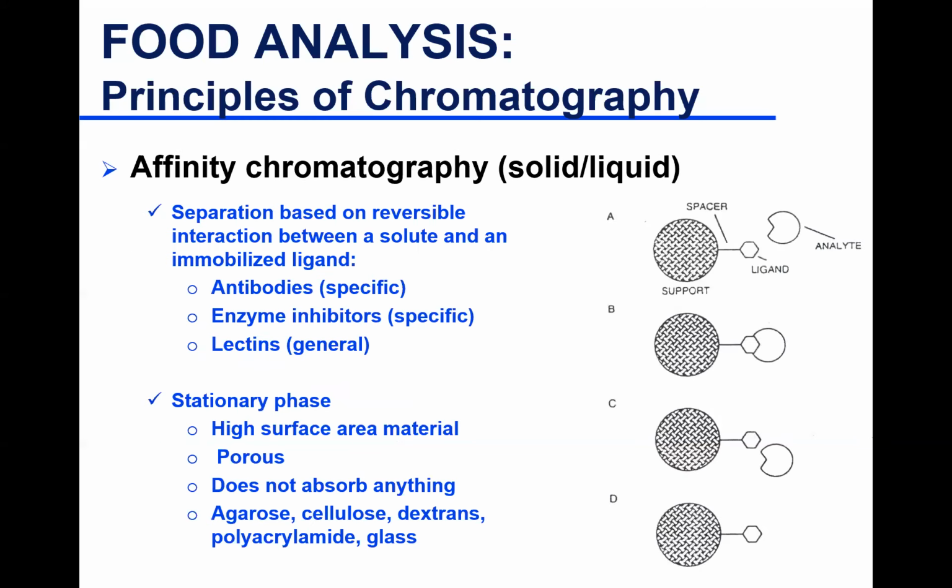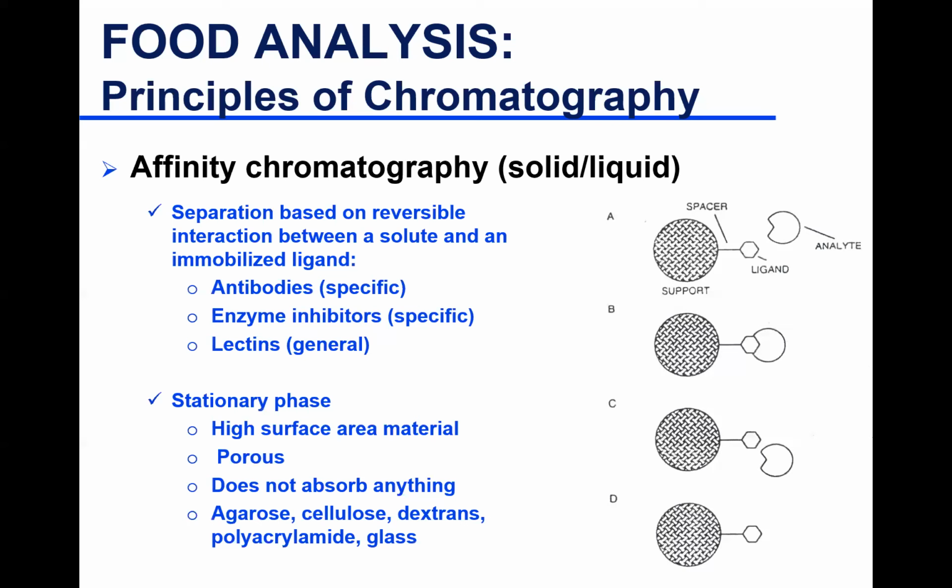Great. So another form of adsorption chromatography is affinity chromatography. Again, it is adsorption, but this is a very specific type of adsorption chromatography where you have a very strong, very specific interaction between your stationary phase and your components.